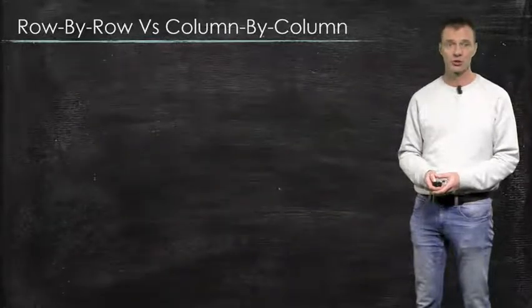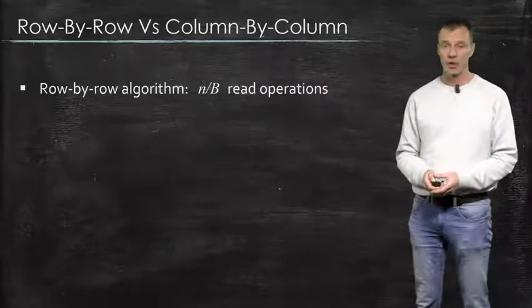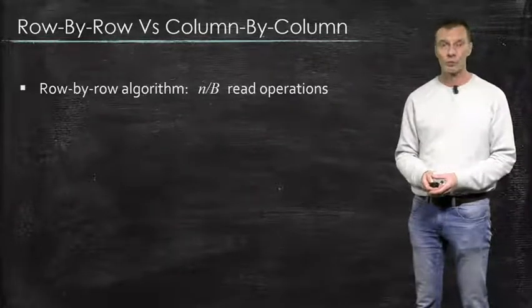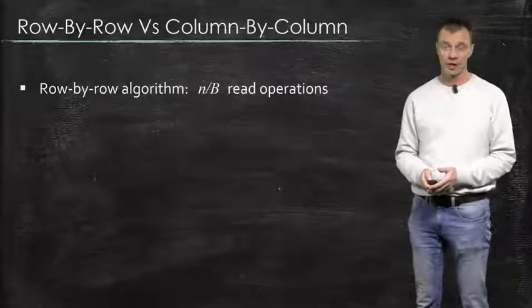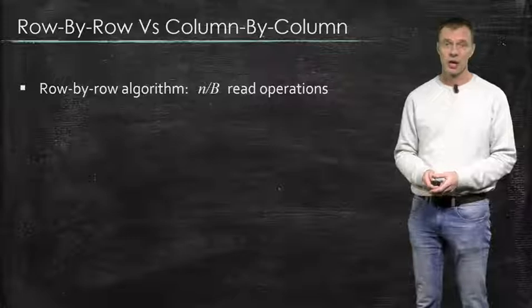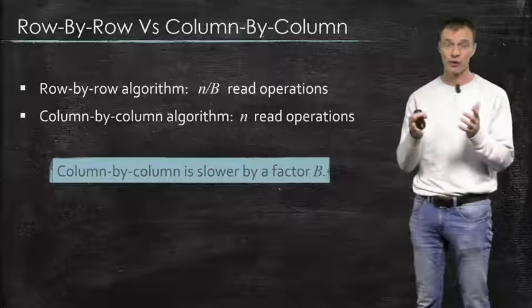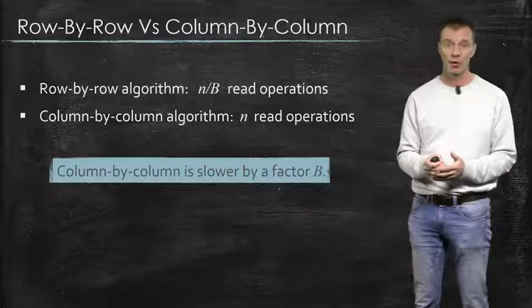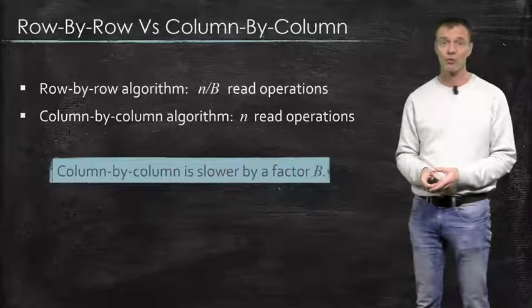If we compare this to the row by row algorithm, it's actually pretty bad, because the row by row algorithm read only n divided by b blocks. It read every block exactly once, but now we need n I/Os, n read operations. So that's worse by a factor of b, and remember that in practice b is a couple of hundred, maybe even more.